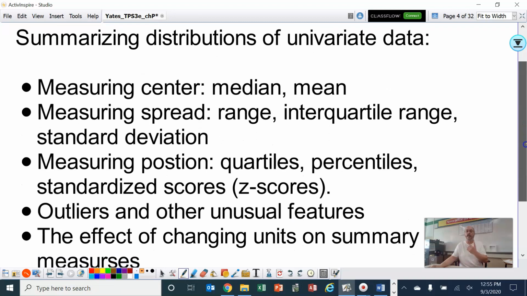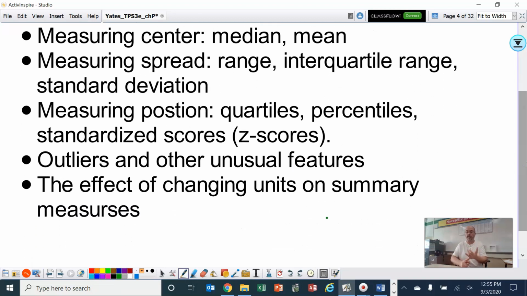When we summarize the data, we're going to look at the median, the mean, the center. We're going to look at the spread, and spread, there's different things for spread. There's the range. There's the interquartile range, also known as IQR, and there's the standard deviation. Standard deviation is huge.